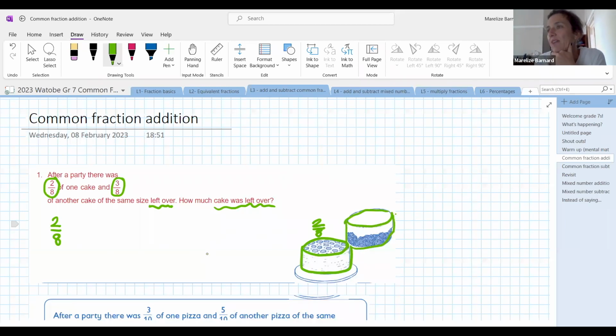And what I have left over after everyone ate cake was 3/8. So if I have 2/8 over here and 3/8 over there, how many eighths do I have altogether? Those of you who are saying 1/8, you need to think carefully because that's not the right answer. We have 2/8 plus another 3/8. How many eighths do I have together? And that is 5/8.